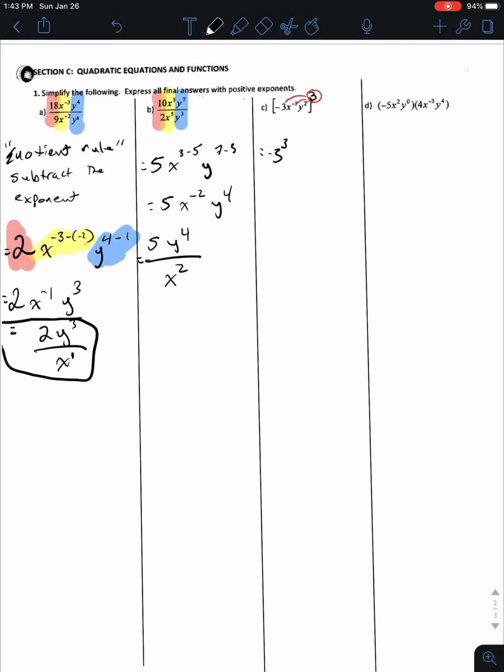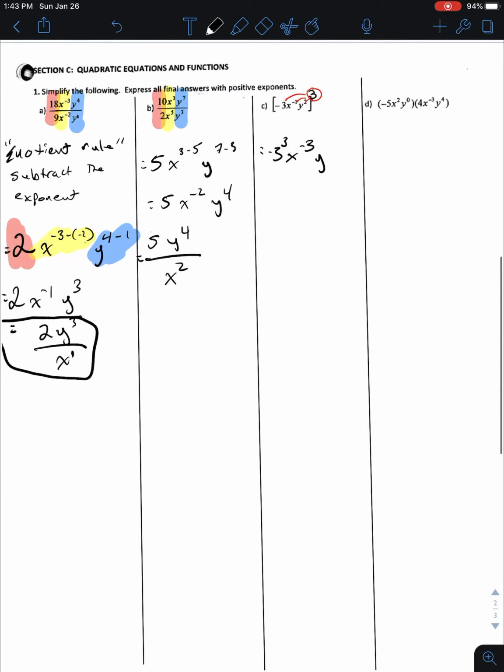So one of your other exponent laws is, when you have exponents raised to exponents, what do you do? Multiply, yeah. So when something's raised to a power outside the exponent, you multiply. So I see x to the negative 1. The negative 1 is going to get multiplied by 3, so I'm going to have x to the negative 3, right?